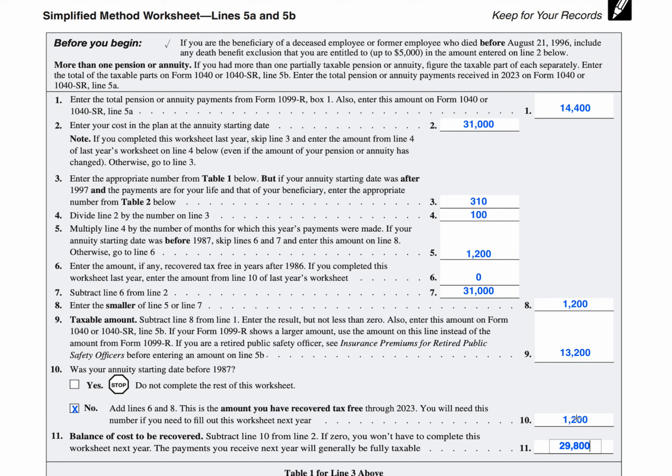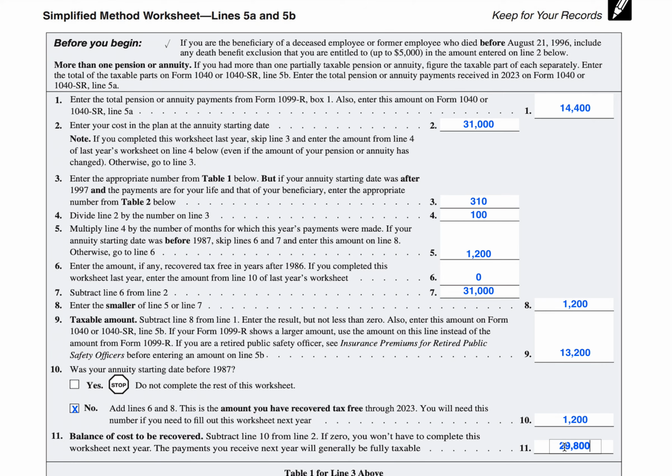So now we need to subtract this $1,200 from line 2. And we have $29,800. That is the amount that will be recovered next year. If this amount were 0, then you would not have to complete this worksheet next year. You would simply pay the full amount of tax from here on out.